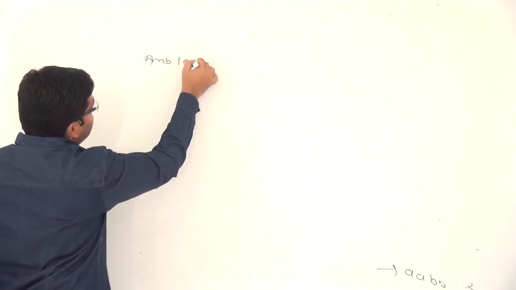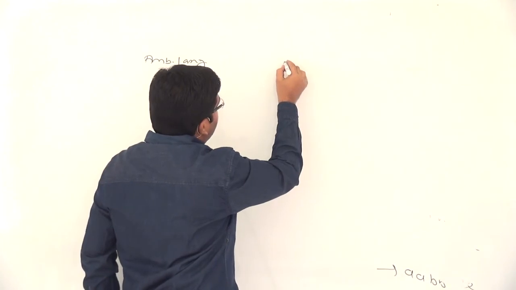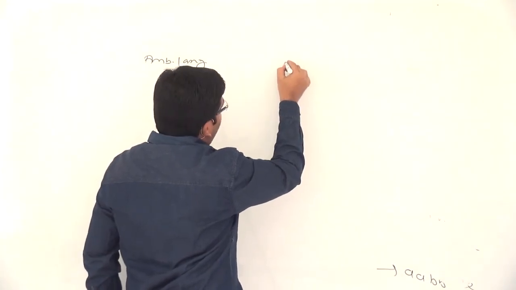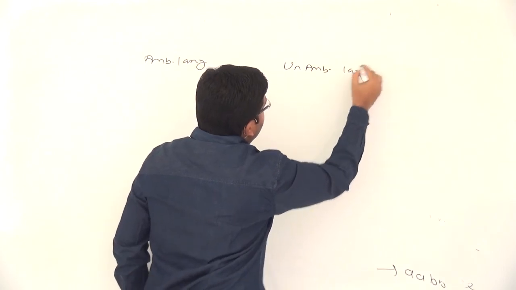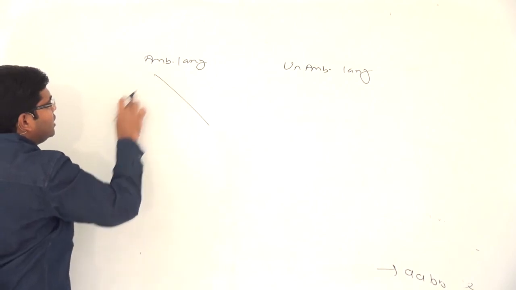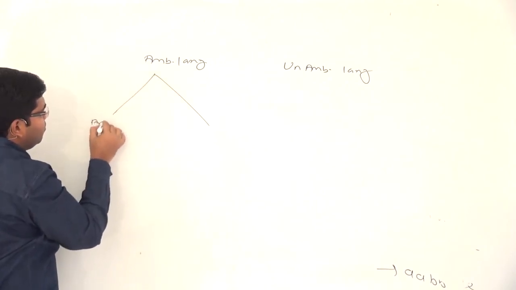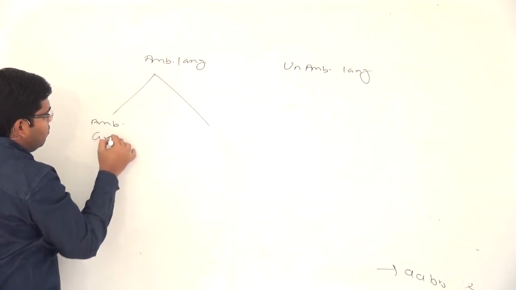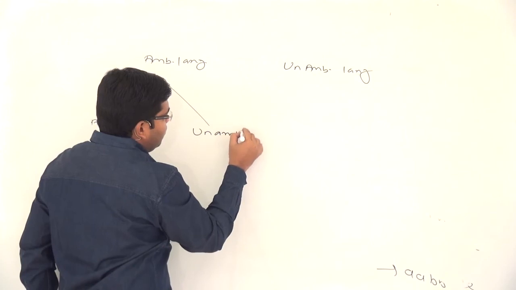Ambiguous language and unambiguous language. Now an ambiguous language can have two possibilities, ambiguous grammar and unambiguous grammar.